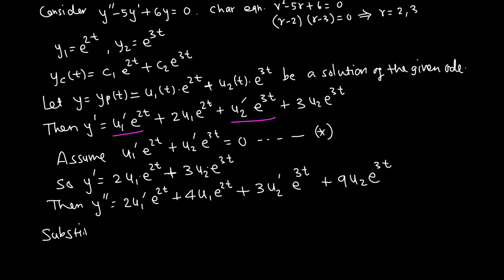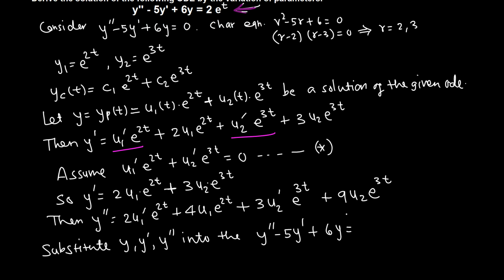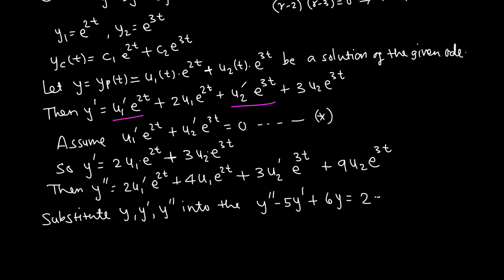Now we substitute y prime and y double prime into the original ODE, which is y double prime minus 5y prime plus 6y equals 2e raised to t.